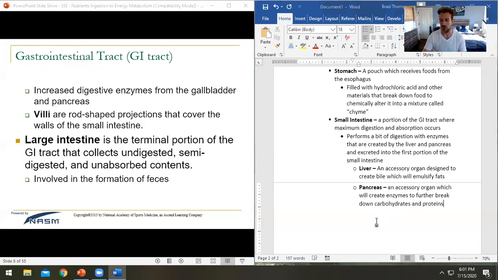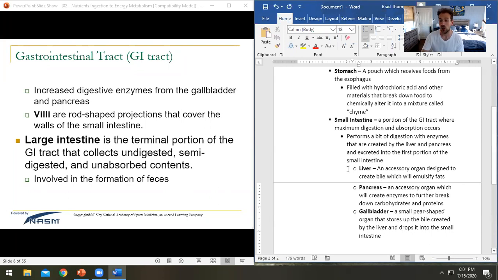And then you also have your gallbladder, which doesn't make anything, but it gets all the glory for dropping off all that bile. A small pear-shaped organ that stores up the bile created by the liver and drops it into the small intestine.